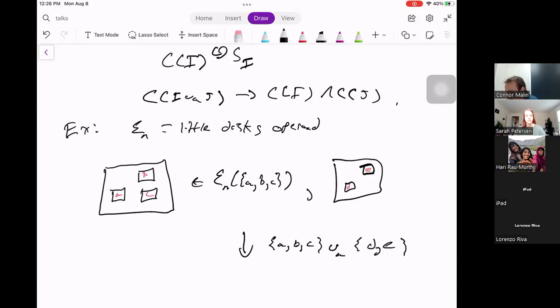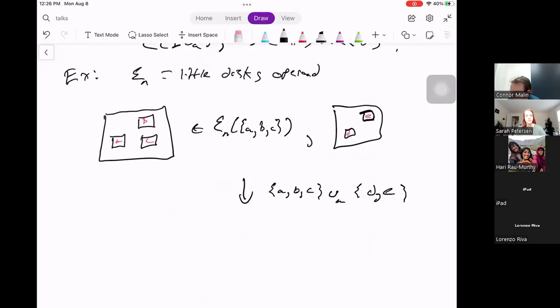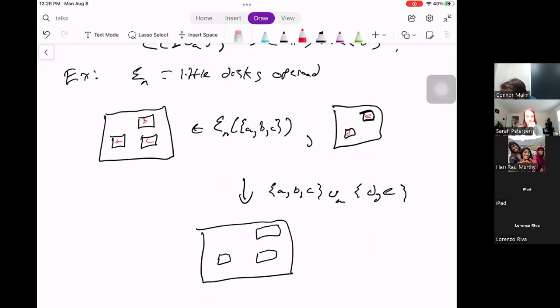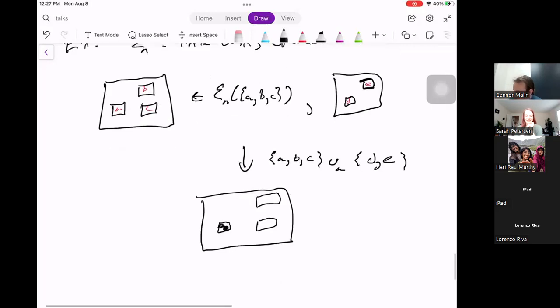And the composite here is I just insert the right factor into the left factor. So the output will be this, and I'll have two smaller cubes inside here, not to scale. Anyways, the partial composite here is just inserting one cube into another cube.